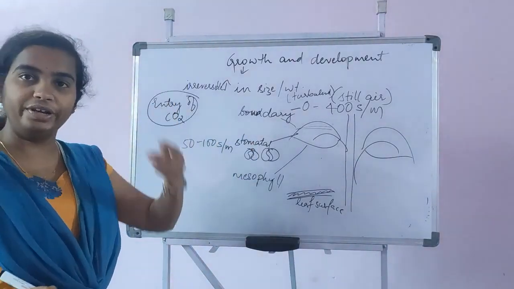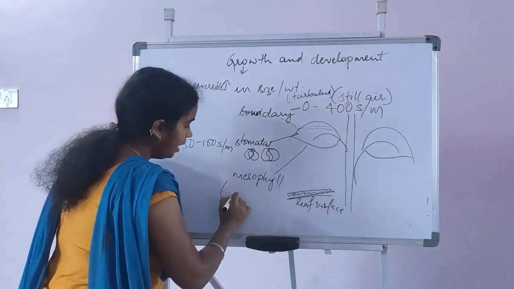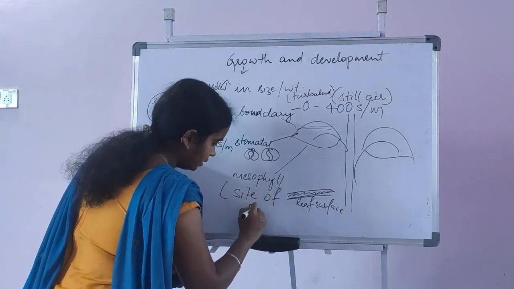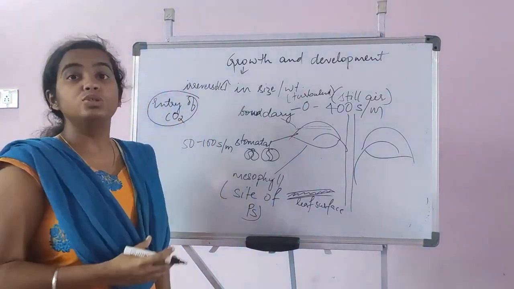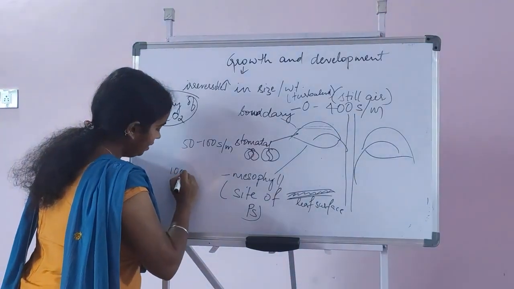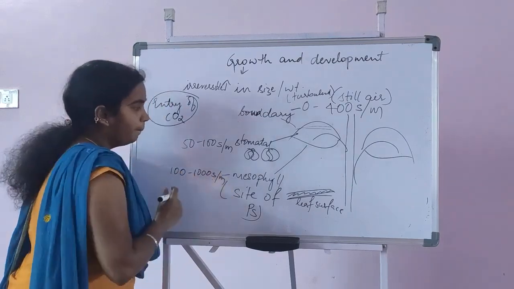And after entering the stomata, the third one is the mesophyll. This is the actual site of photosynthesis. So mesophyll also offers some resistance, and the magnitude varies from 100 to 1000 seconds per meter.